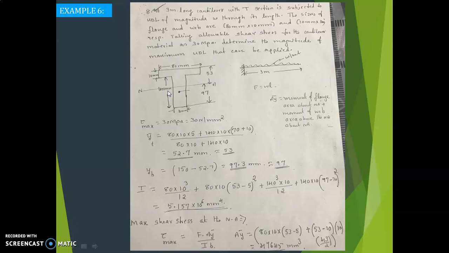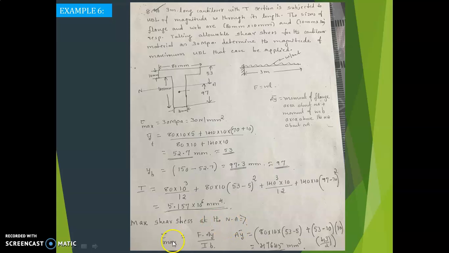Now first thing we have to calculate is I. To calculate I we require Y bar. Why? Because in the T section also maximum shear stress will be induced at the neutral axis.